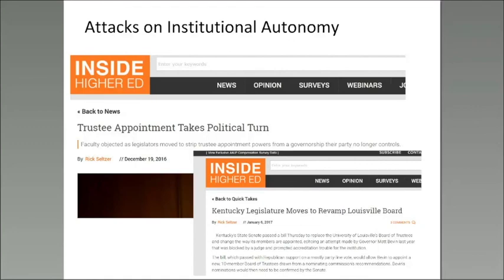And because of the role of public board members, that politicization threatens academic freedom. One example is at the University of Louisville, which is the bottom headline there. First, the governor removed all the members of the board, and when he found in court that he couldn't, then subsequently the legislature did so for him.